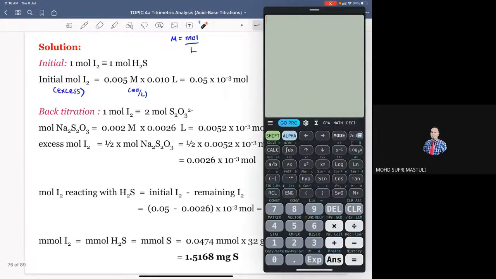So 10 ml divided by 1000 is 0.01, and then multiplied by 0.005. So you obtain your mole number 0.